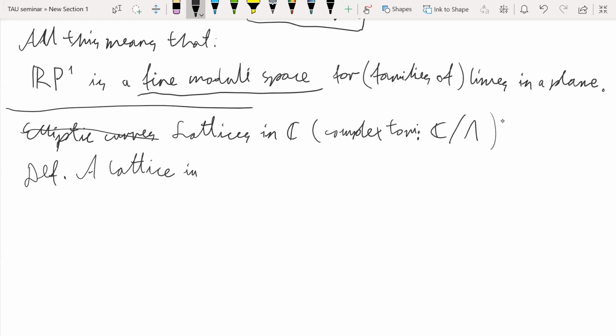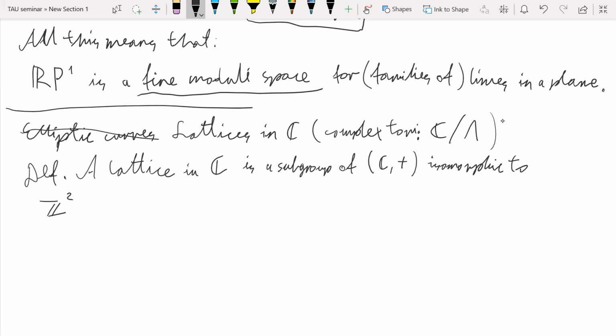So a lattice in C is a subgroup of C with addition, isomorphic to Z squared, which is not dense.